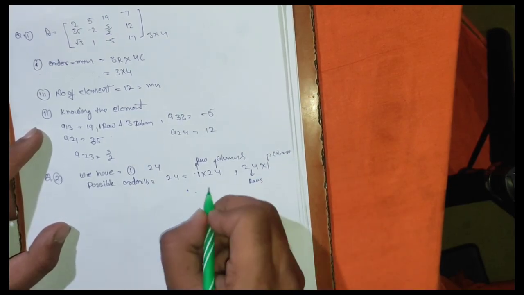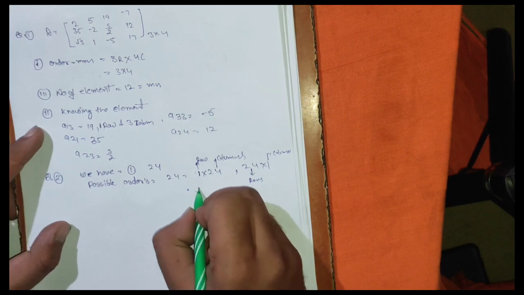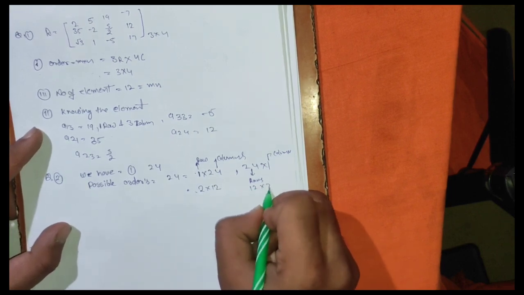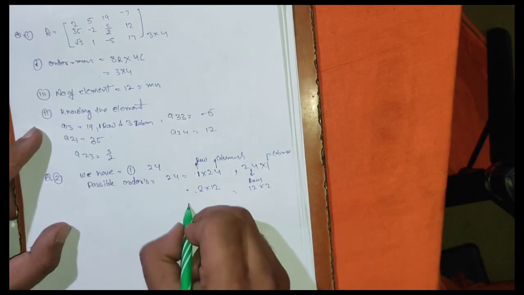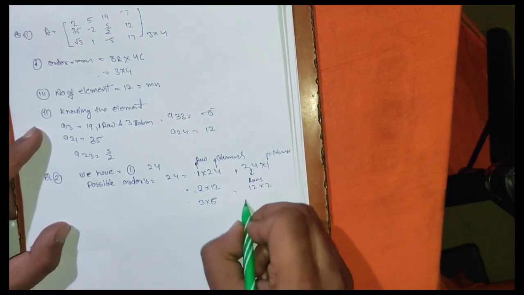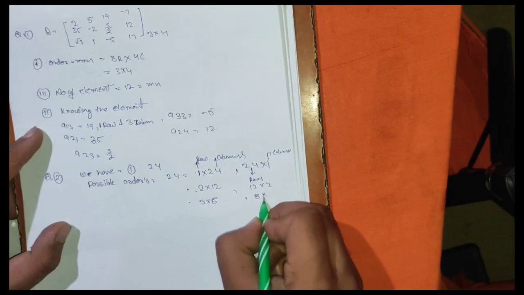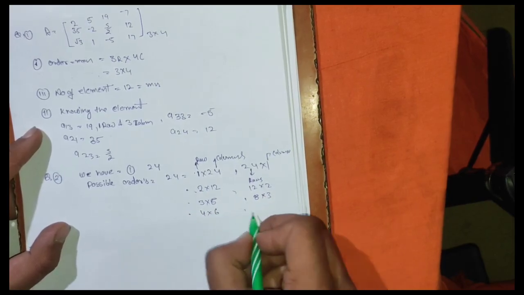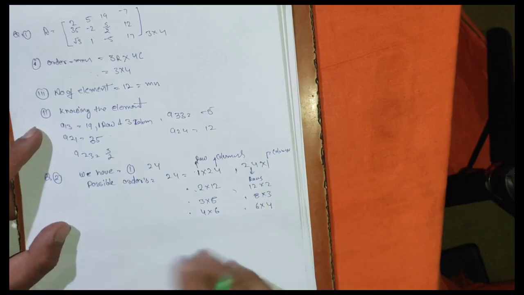Similarly, the second possibility is 2 by 12 and 12 by 2, vice versa. The next is 3 by 8 and 8 by 3, then 4 by 6 and 6 by 4.